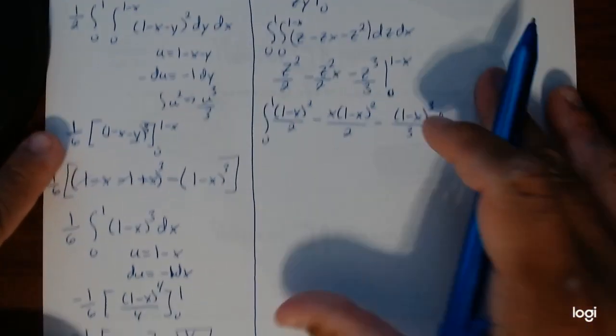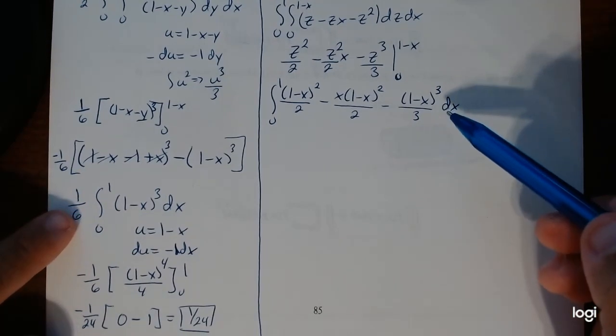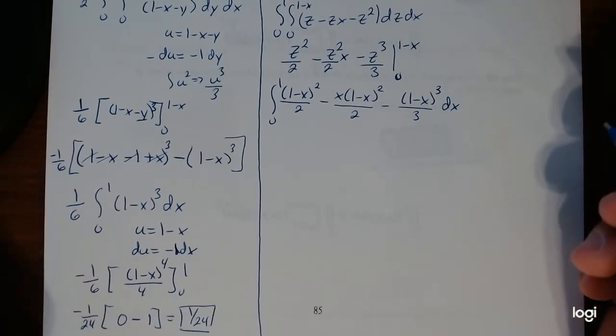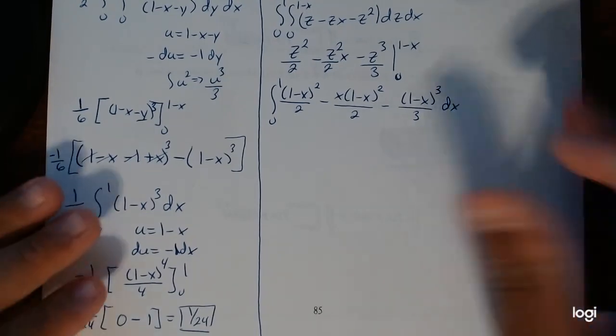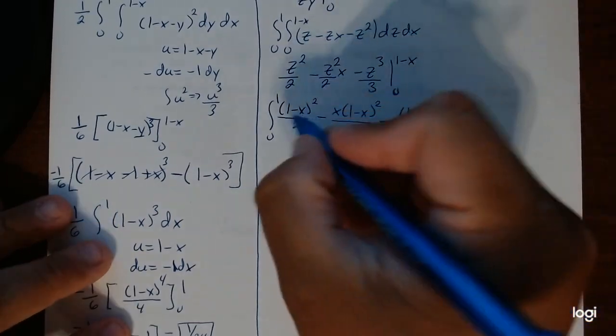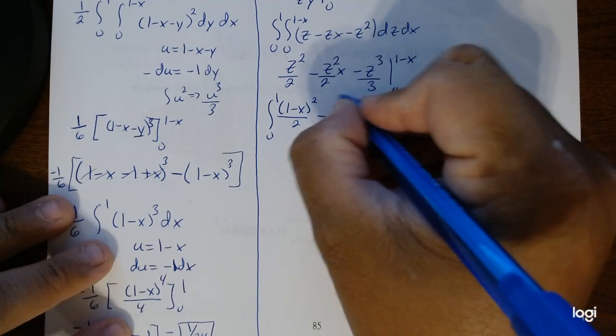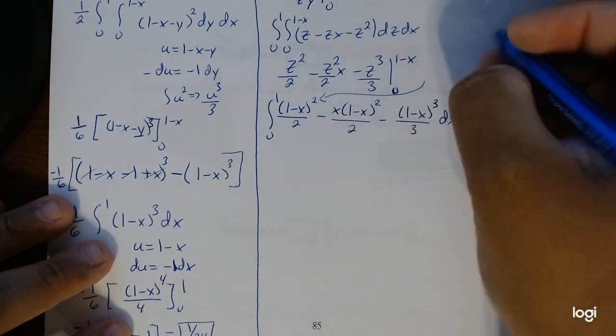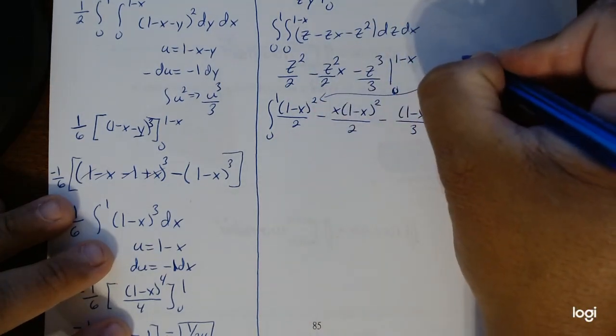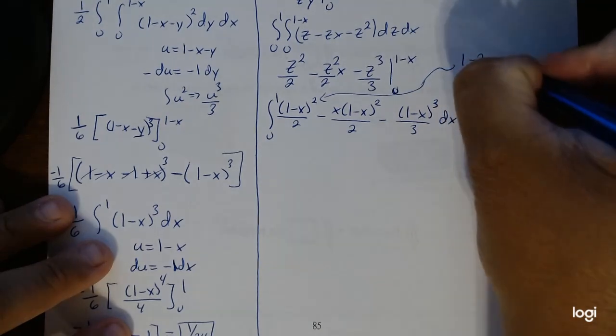Again, already far different, but very similar. So what I'm going to do is put these together. So this portion right here should give you 1 minus 2x plus x squared.